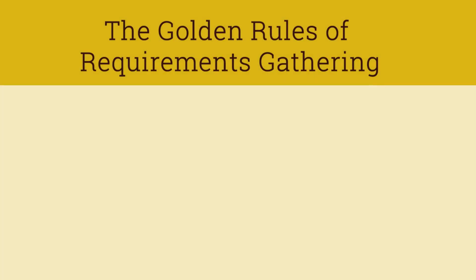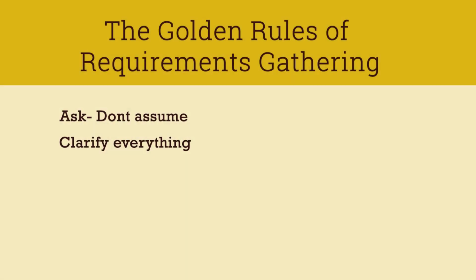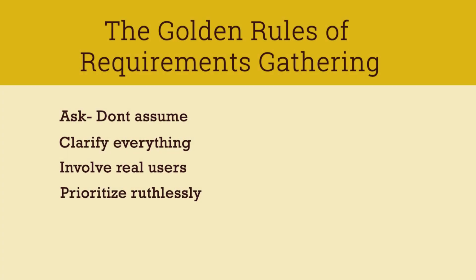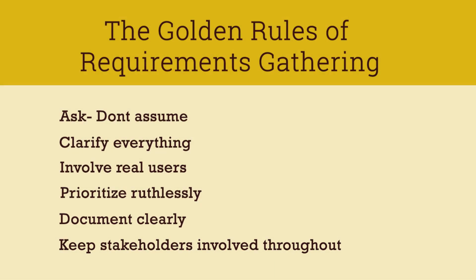So, what are the golden rules of requirements gathering? They are: ask, don't assume; clarify everything; involve real users; prioritize ruthlessly; document clearly; and keep stakeholders involved throughout. So, gathering requirements is a very essential art.